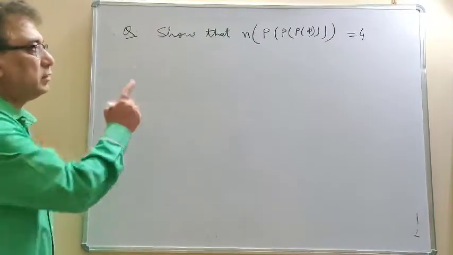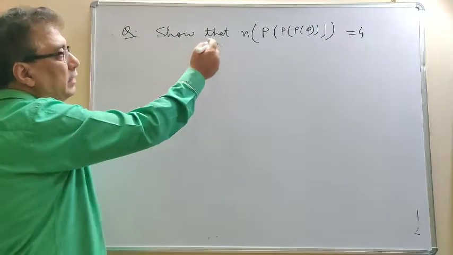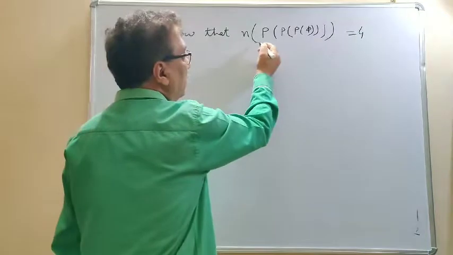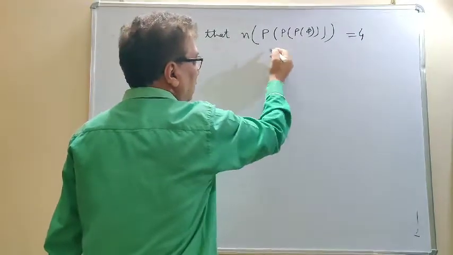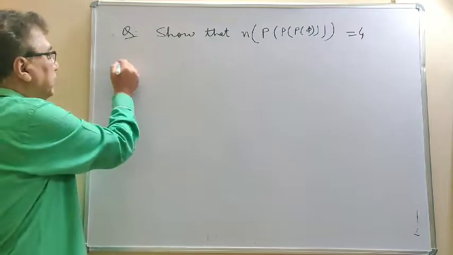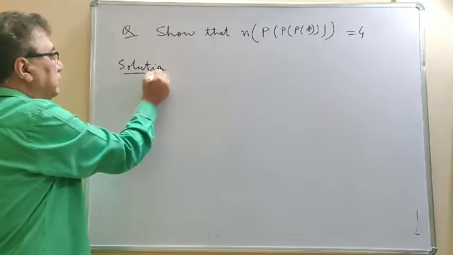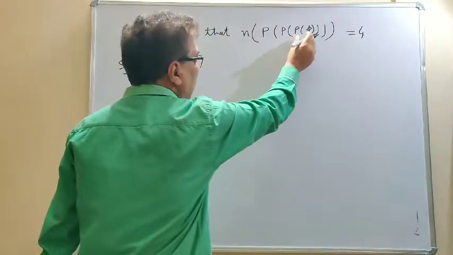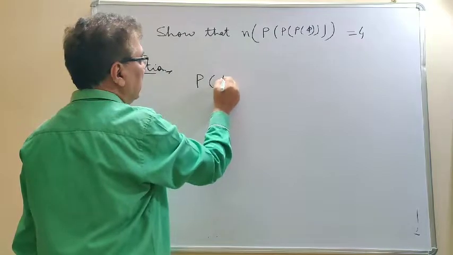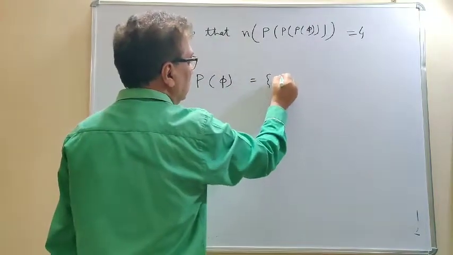Now I go with this question in which you have to show that power set, again power set of power set of phi has 4 elements. 4 stands for number of elements in this set complete. Okay, so let us see how we can get it. We start with the innermost bracket in which we have to write power set of phi. Okay, so we have just written it here.